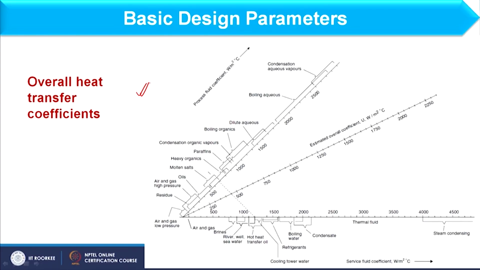In this graph you see we have service fluid coefficient and process fluid coefficient. Okay. Now, what is service fluid, what is process fluid? Service fluid is basically that fluid which provides heat according to the requirement. Okay. And process fluid is that fluid whose temperature either increases or decreases as per the process requirement.